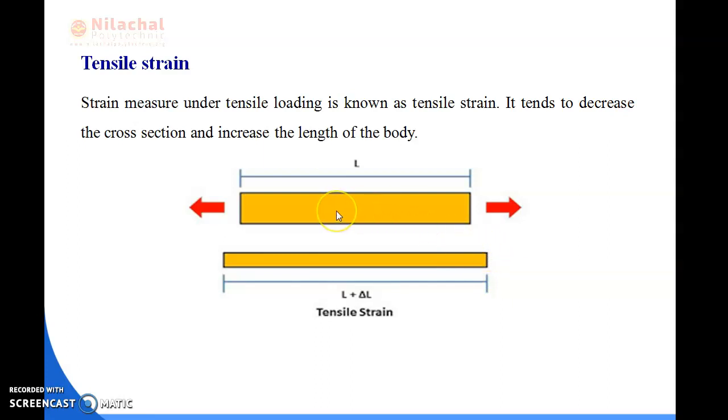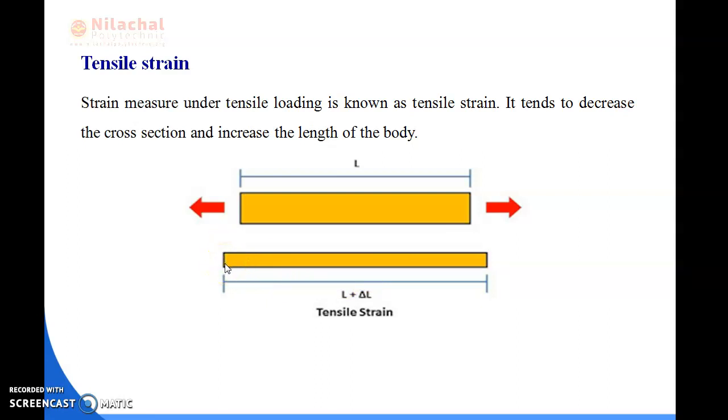So by providing a tensile force, the body is subjected to an increment of length and a decrement of width.